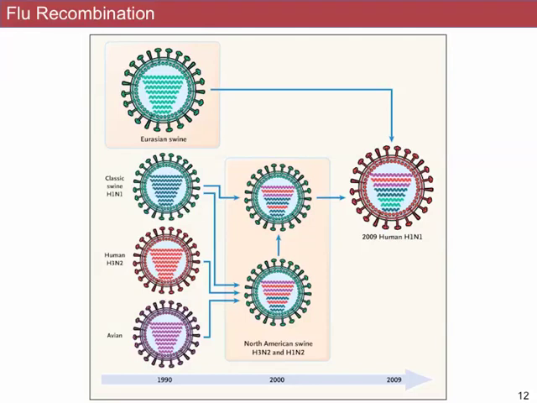And so most of the time, the surface coating is changing just a little bit, and the immune system recognizes it, sort of. And then one year, every once in a while, this happens about every 30 years or so, it's called antigenic shift. The flu coat becomes completely different, and your immune system doesn't recognize it at all.